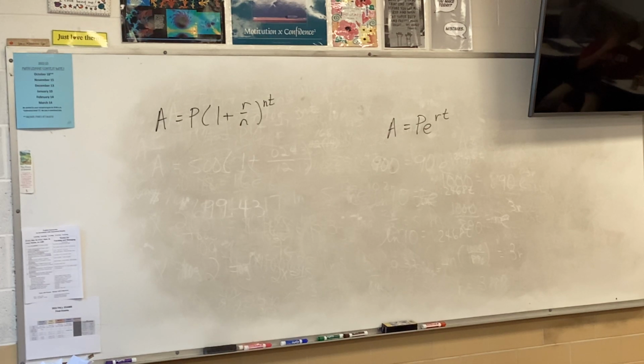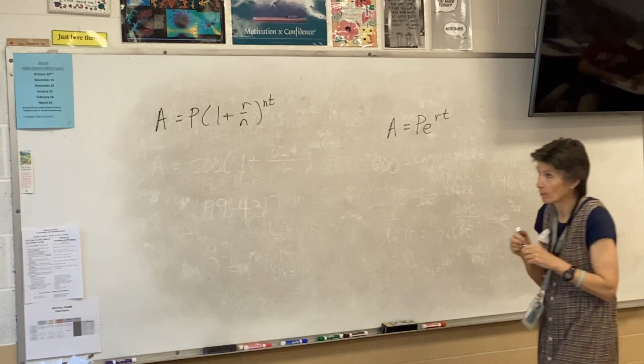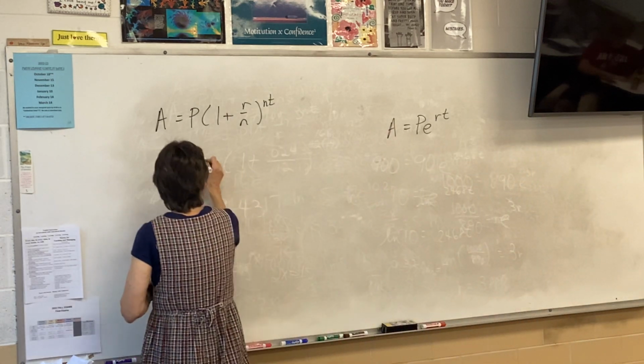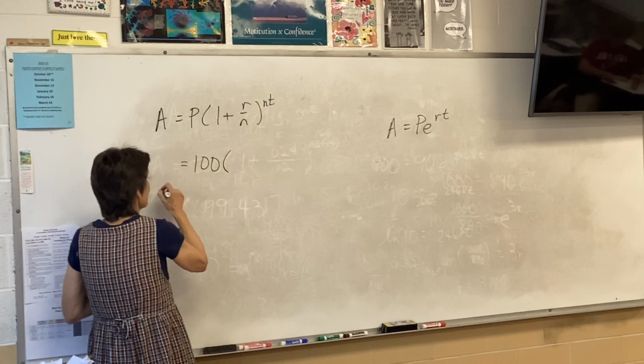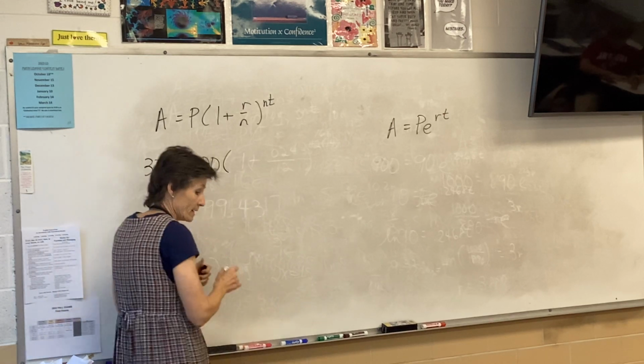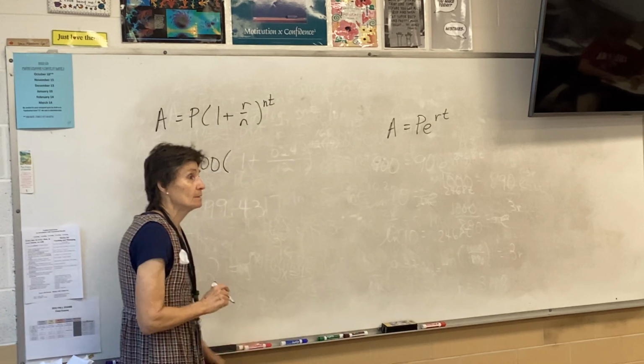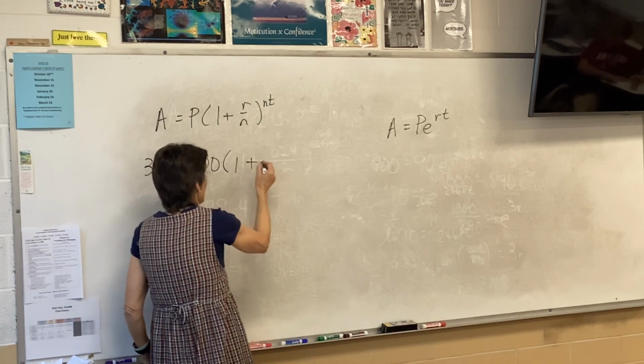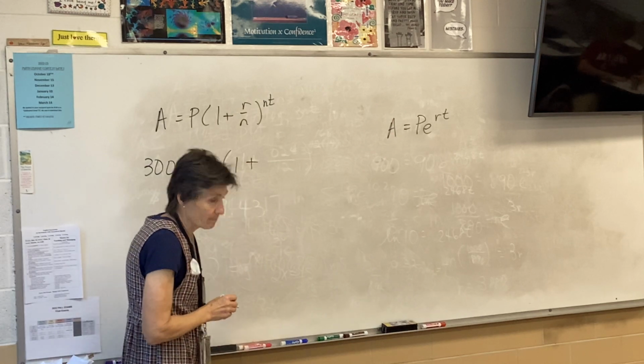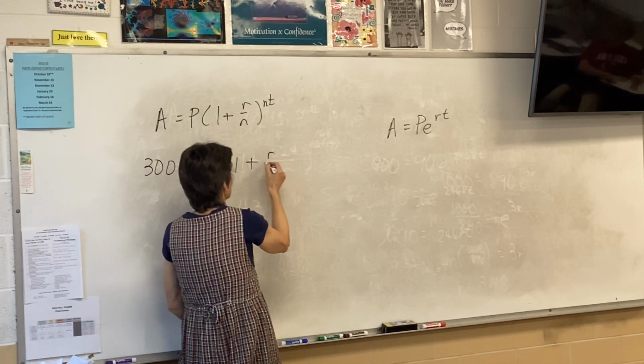But, you guys, that isn't the point of the problem. The point of the problem is whatever you start with, you have to end with 3 times it. So pick a number. 100's a nice, easy number. If we start with 100, then we're going to end with 300 because it says I'm going to triple my money, right? What is the interest rate? Don't know it.